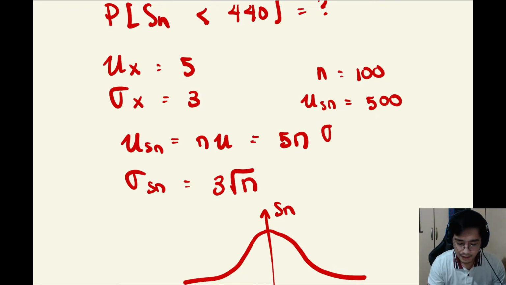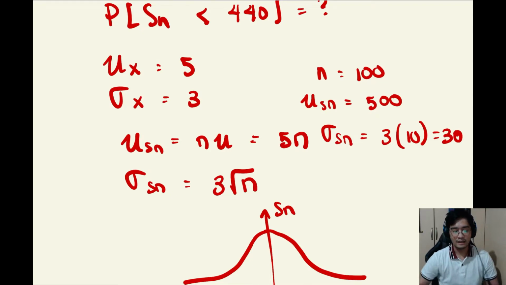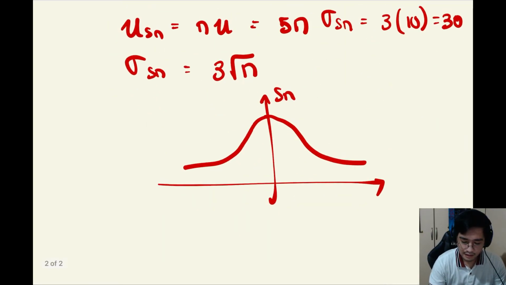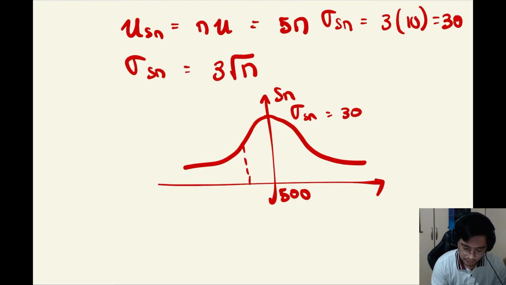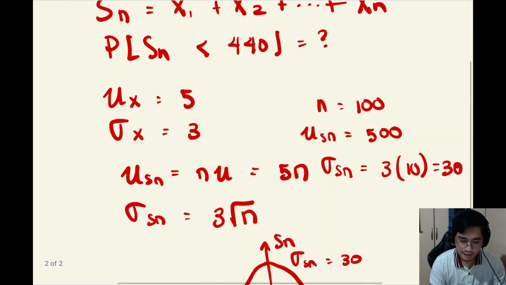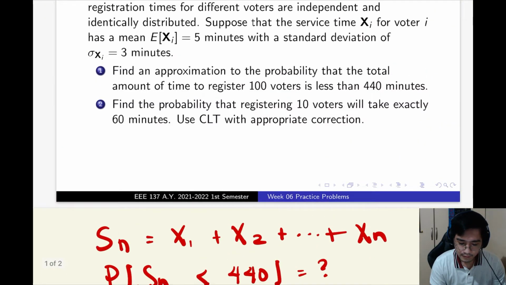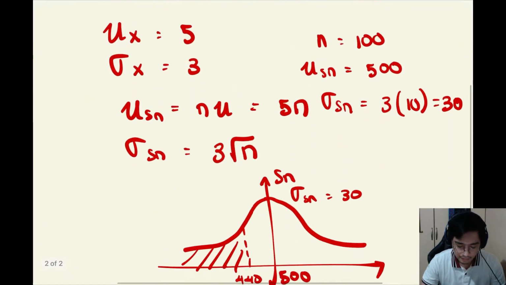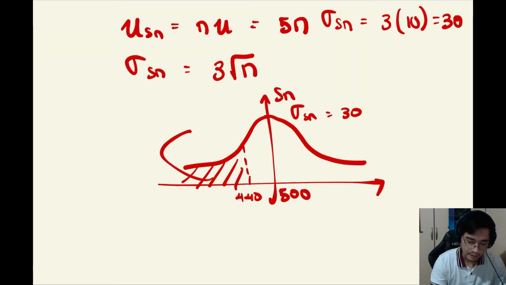And sigma_Sn is equal to 3 times 10, which is 30 minutes. So this is centered at 500 with standard deviation equal to 30. The critical point here is 440. We want the probability that the total amount of time to register those voters is less than 440.